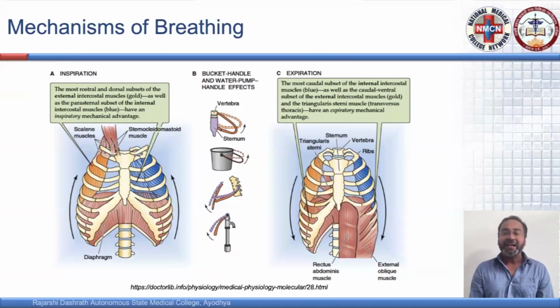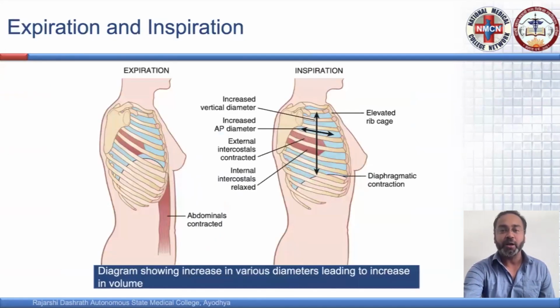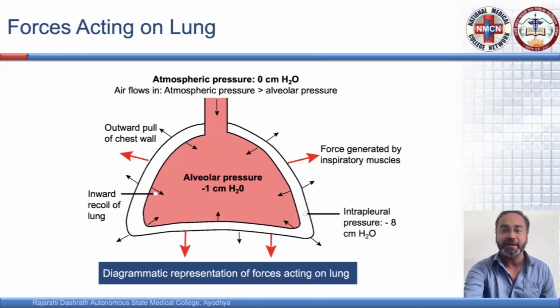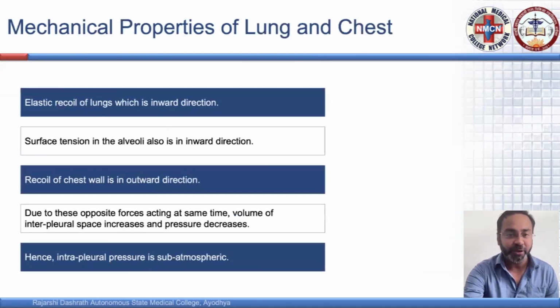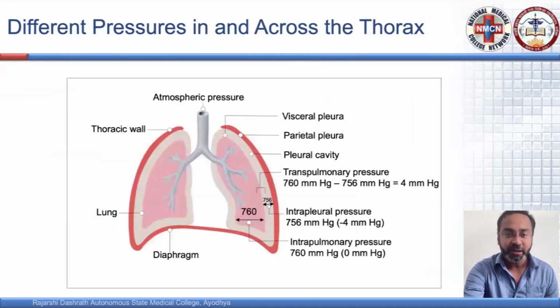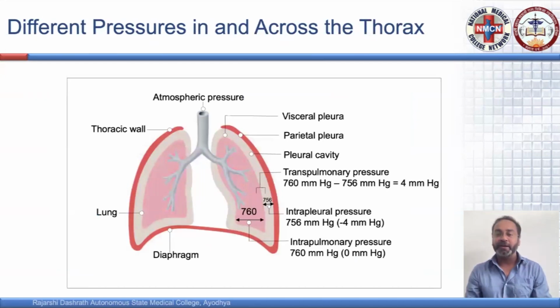And when intrathoracic volume goes up, because of Boyle's law, intrathoracic pressure goes down. So if the intrathoracic or intrapulmonary pressure was 760 millimeters of mercury, as you can see in this diagram, it was 760 millimeters of mercury.